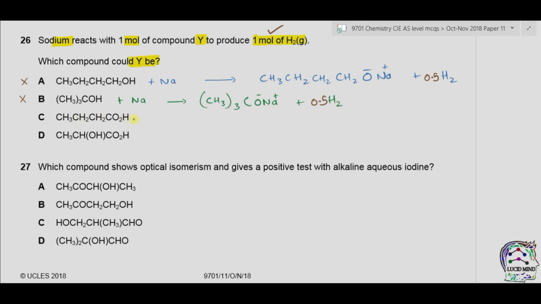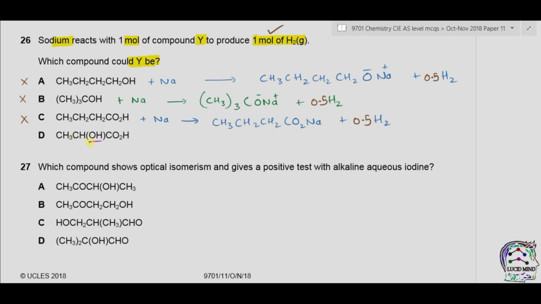For third reaction, we have carboxylic acid. So metal plus acid gives salt and hydrogen. Salt formed is CH3, CH2, CH2, CO2Na along with hydrogen. Again, by balancing, we can find that only half moles of hydrogen is formed. So C is also incorrect.